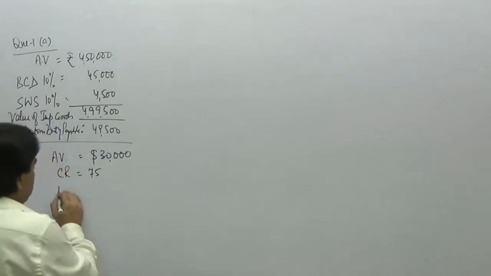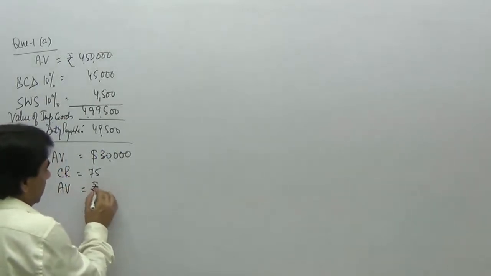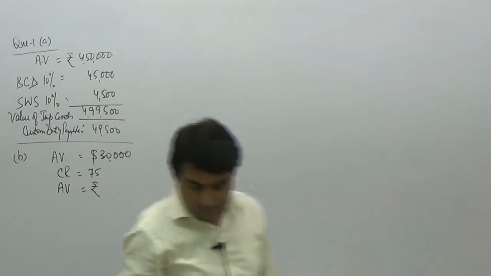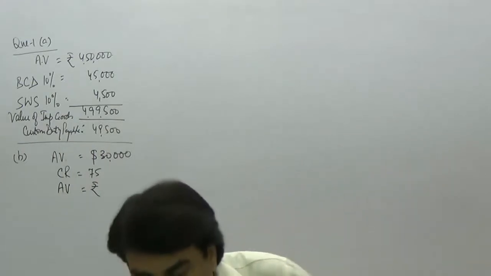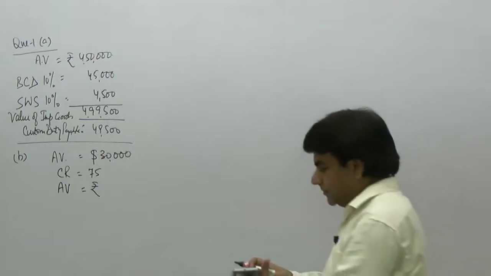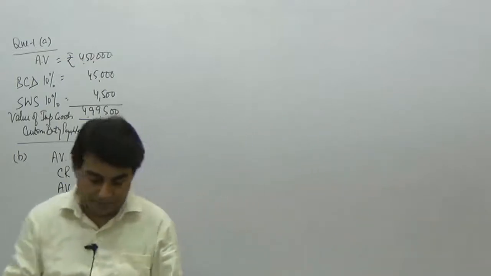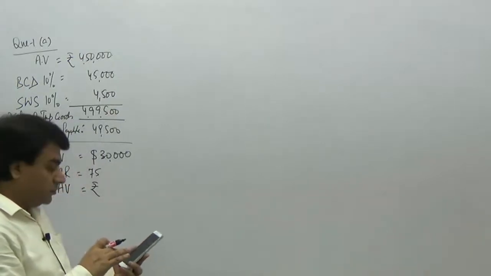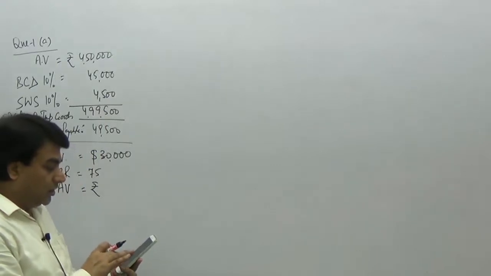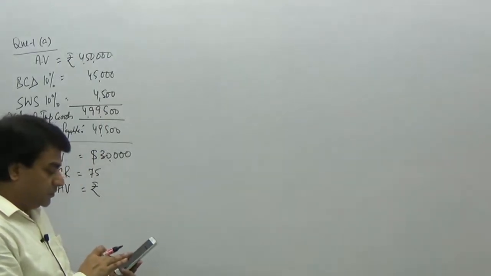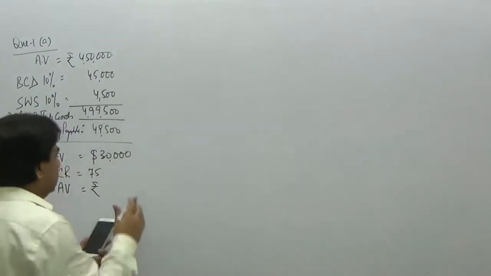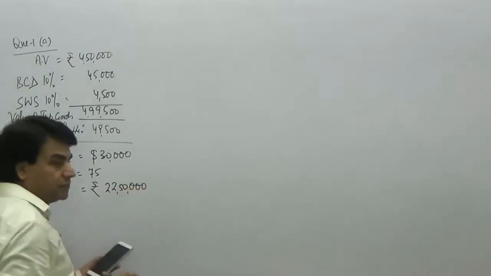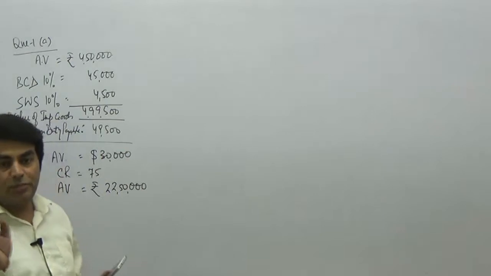So the assessable value in rupee terms would be this multiplied by this. $30,000 multiplied by 75 comes to 22.5 lakhs. Okay, this is the assessable value in rupees.